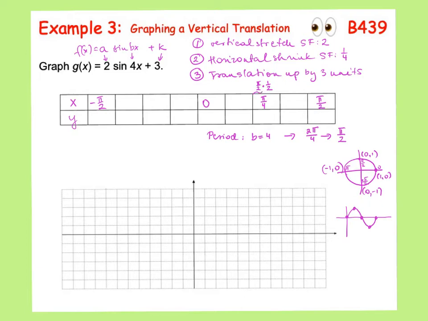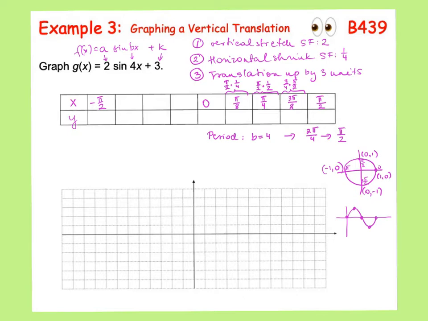Then the first place is going to be pi over 2 multiplied by 1/4, because this is a quarter point. So this is going to give us our pi over 8. And then for this box, we are going to have 3/4 times pi over 2. So that's going to give us 3 pi over 8. All these x values are already the x values for the shrunk graph.